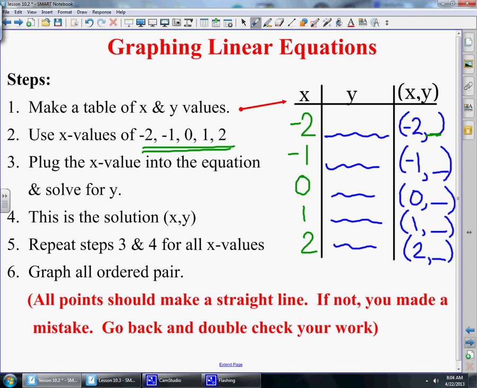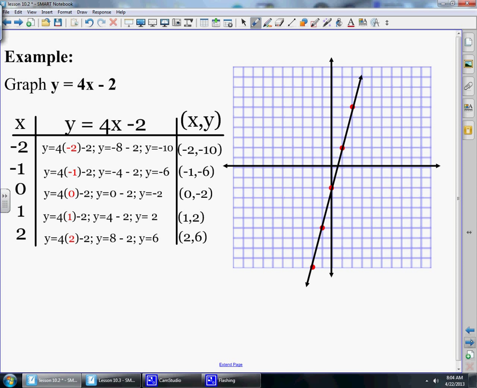So once you get all your ordered pairs, then you're going to graph them on a piece of graph paper, and all the points should make a straight line. If they do not make a straight line, you made a mistake. And you need to go back and double check your work and see where in this table you may have made a mistake. So let's go over an example and see how you do with this.